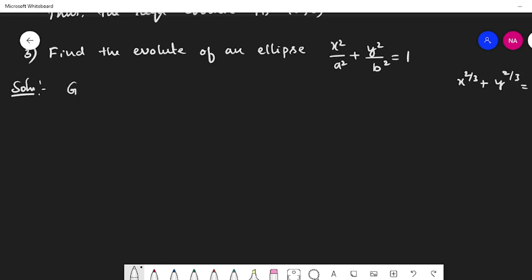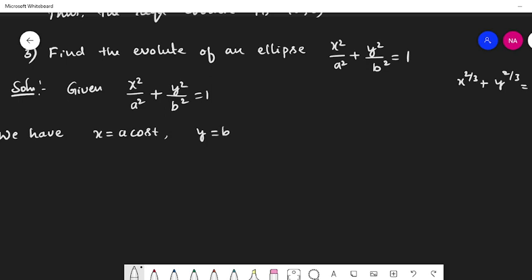So given x square by a square plus y square by b square equal to 1, you have to consider the parametric form. So we have x equal to a cos t and y equal to b sin t.